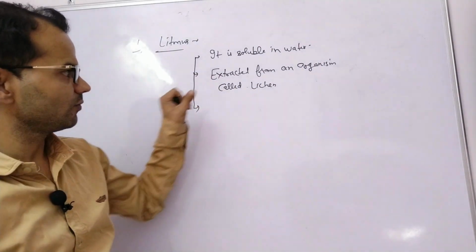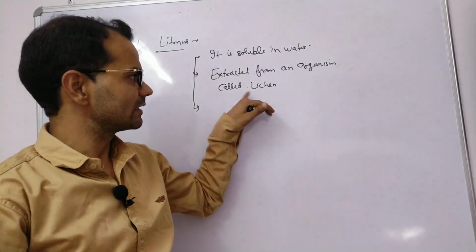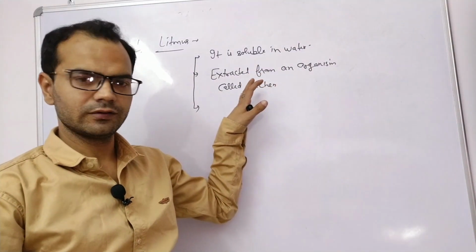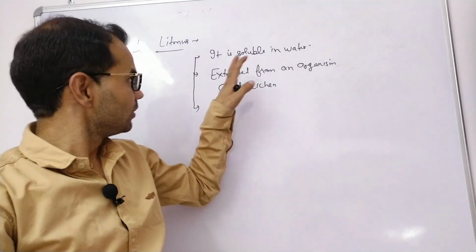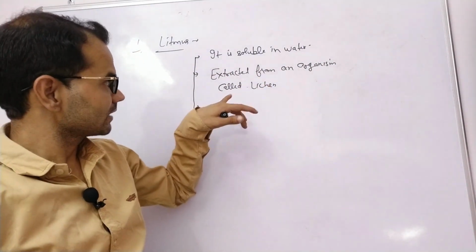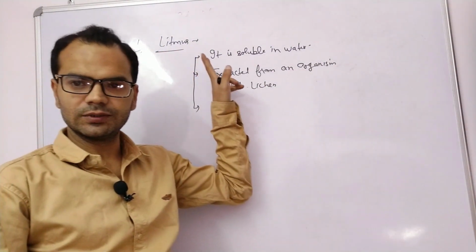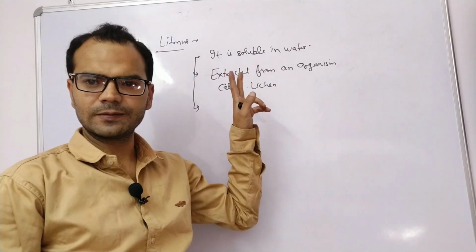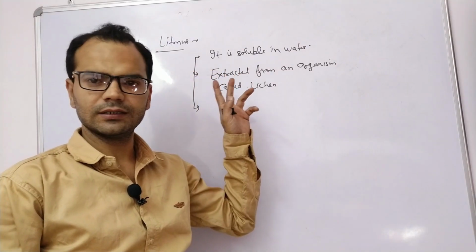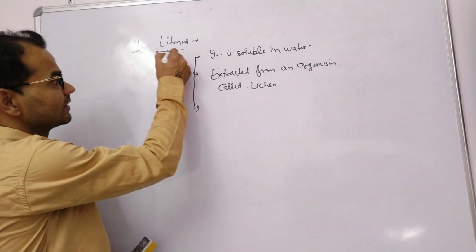As you will study in biology also, what is lichen? It is a symbiotic relation of algae and fungus. So if we extract from lichen, that indicator is called litmus. You have noticed there are 2 types of litmus paper in the lab: blue litmus paper and red litmus paper. Both are formed from litmus.